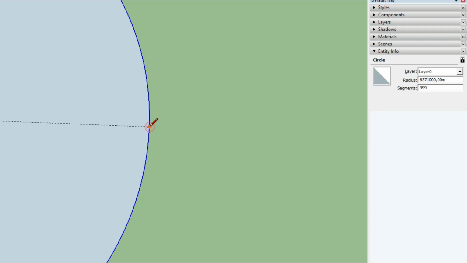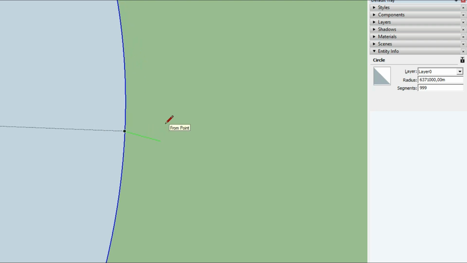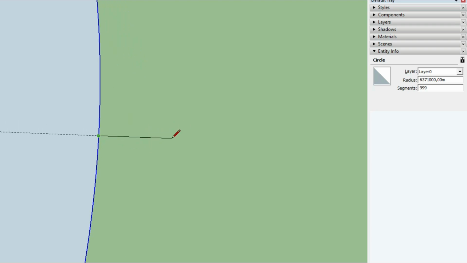We take the pencil tool. Let me zoom in a little bit. We draw two lines. And now we can select this part between those lines. We need those lines, otherwise you cannot select the part between them.